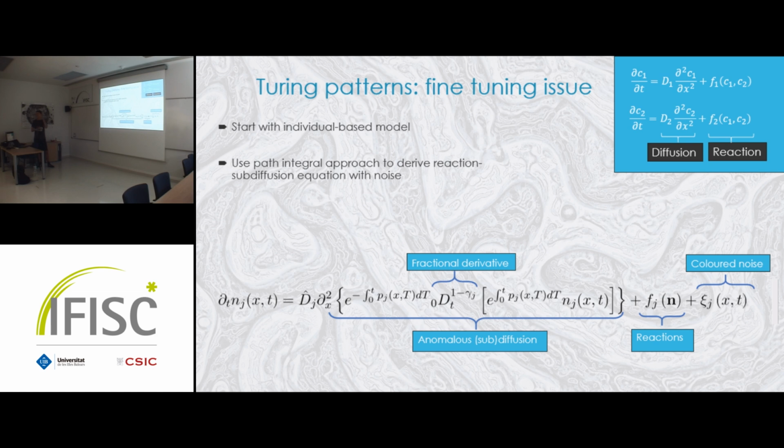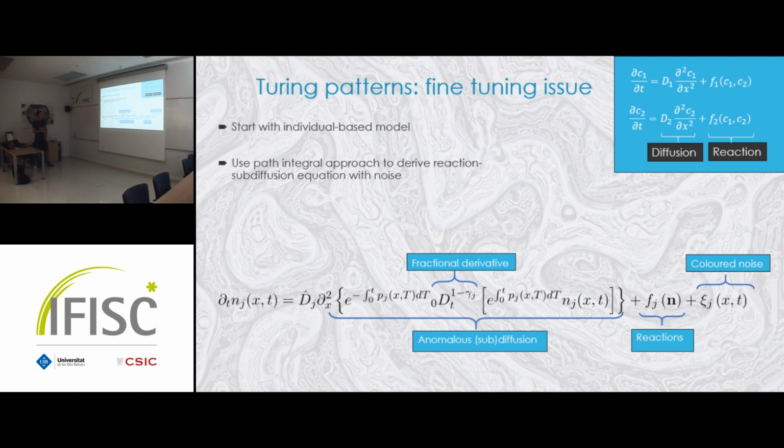So we've got this non-Markovian anomalous diffusion, and we've got the intrinsic noise that comes about due to having an individual-based model. So we start with our individual-based model again. We write down a path integral for this model, and we do our system size expansion, and eventually what we arrive at is a set of equations that look quite a lot like Turing's, but with some key differences.